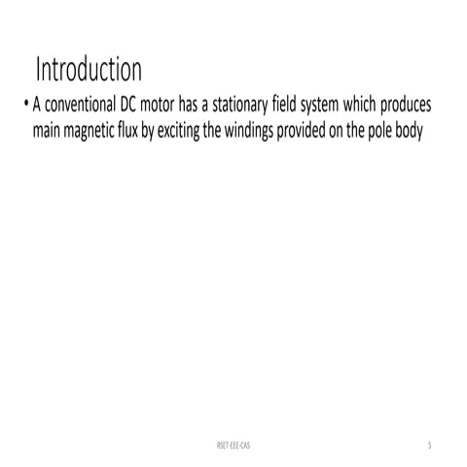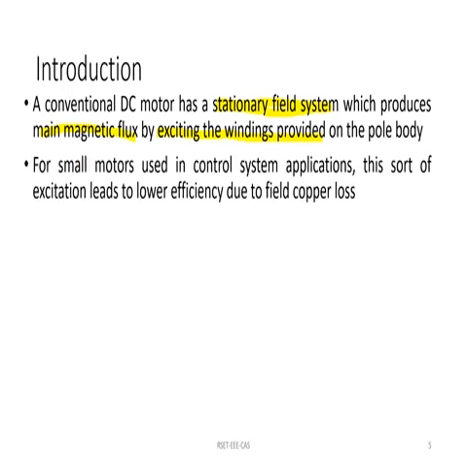Now, as we know, in a conventional DC motor, the main flux is produced by a stationary field system which consists of field winding, and we have to excite the field winding. But for small applications or low power applications, for example in control system, this sort of excitation leads to lower efficiency due to high field copper loss.